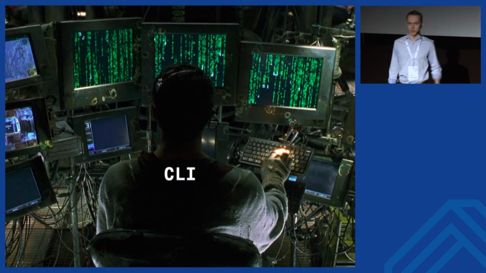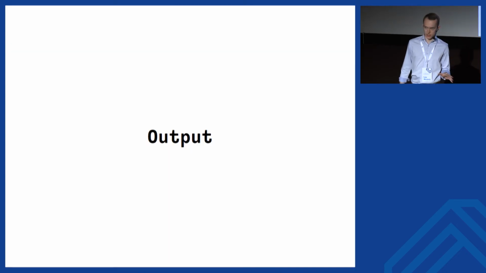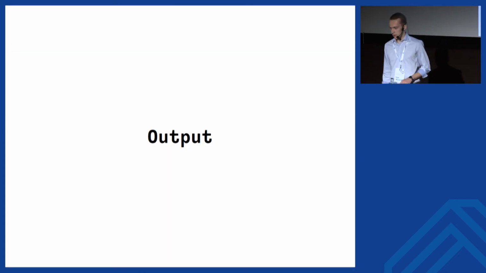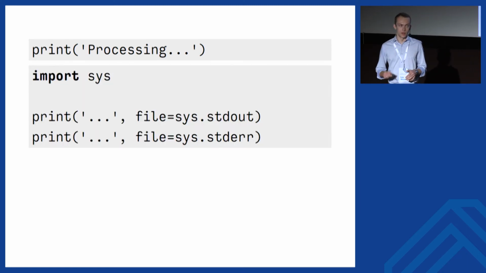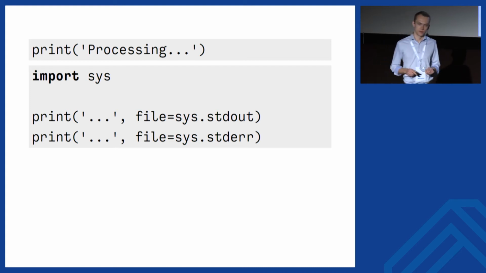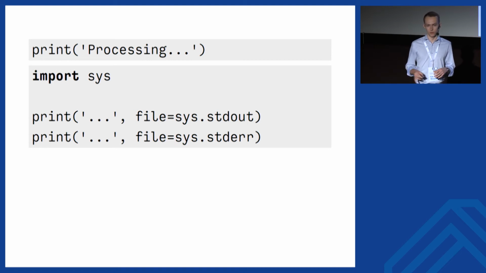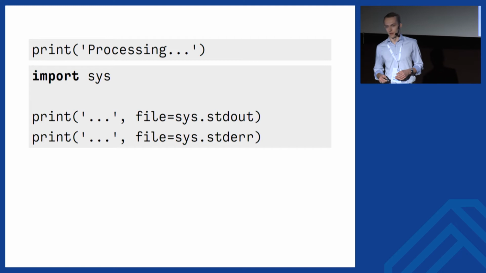Now let's talk about dealing with the command line interface, and let's start with output. Obviously there's a print function, but the print function used like that, well, it's okay, but if you want your code to follow all the rules, then you should separate the messages that the user should see from the error messages.